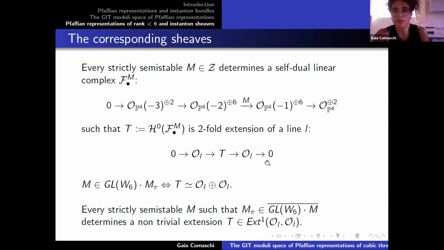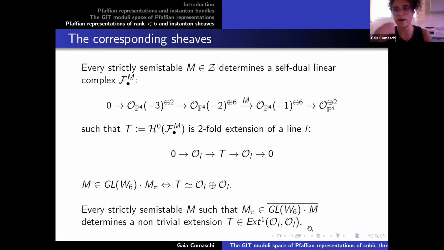Whenever we take a polystable point, this sheaf will be exactly the direct sum of the structure sheaf of the line. And once again, exactly as it happens for Pfaffian representations, whenever we take a strictly semi-stable point, a point with non-closed orbit, it will determine a non-trivial extension here.